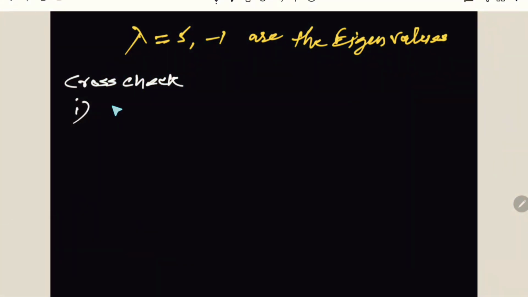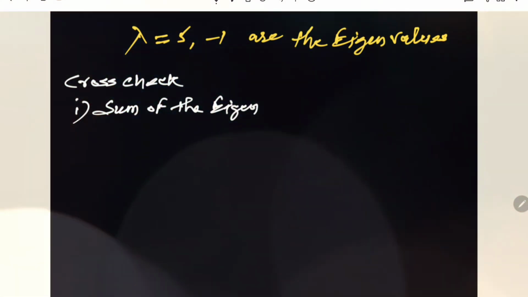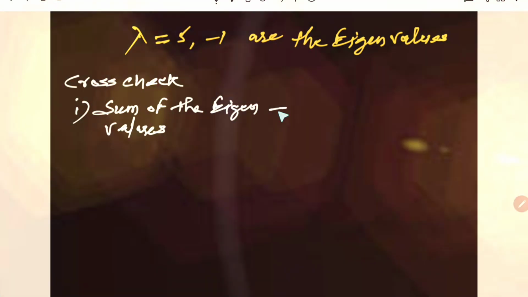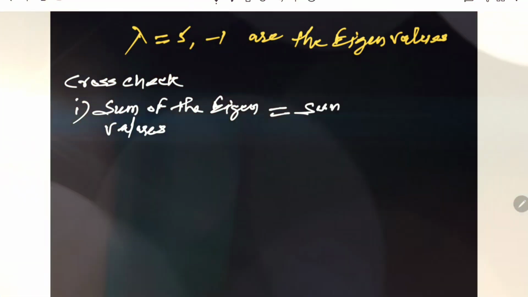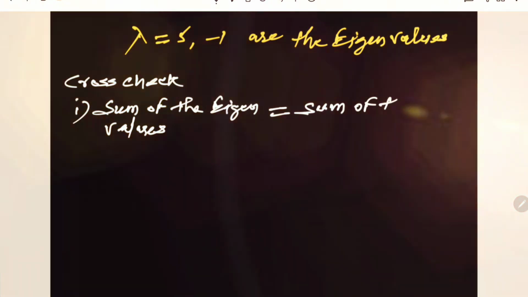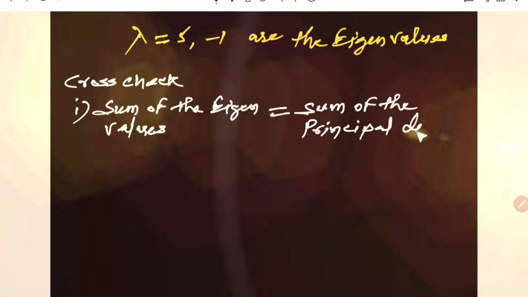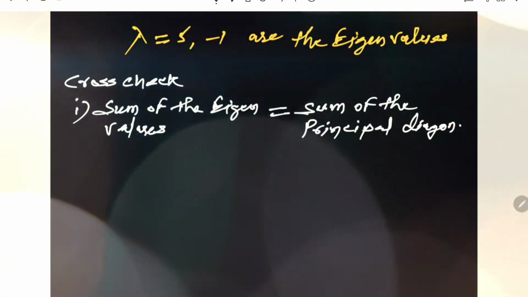The first property: the sum of the eigenvalues is always equal to the sum of the principal diagonal elements, the diagonal from left to right.